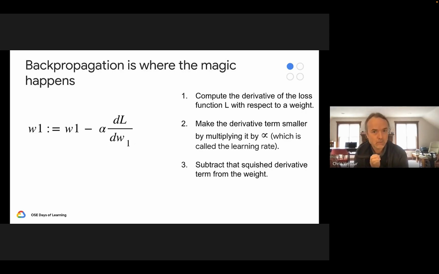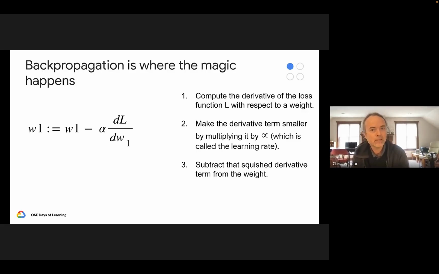In this case, we're looking at the weight W1. And for those of you who remember grade 12 calculus, this line of code decreases the weight W1 by the derivative of the loss function with respect to W1. So each of the weights and biases in the network are adjusted in this way. And the Greek symbol you see on the slide is the learning rate.